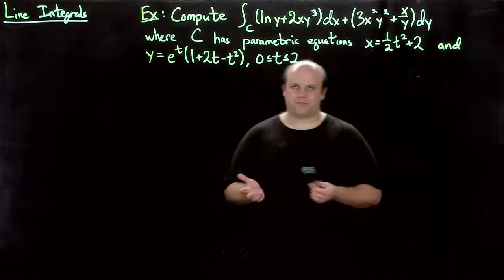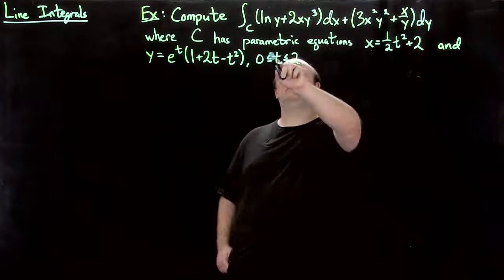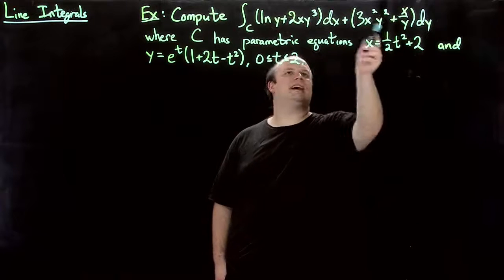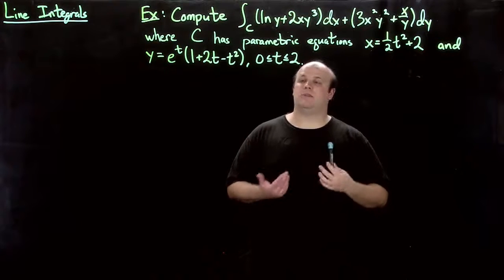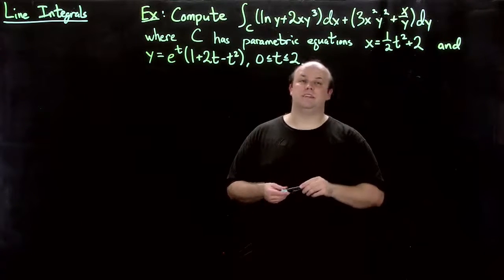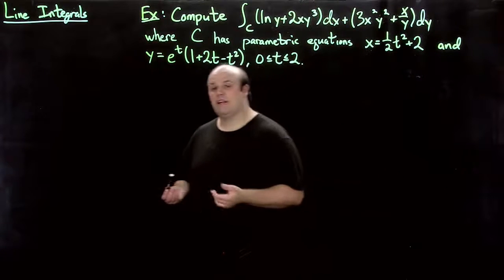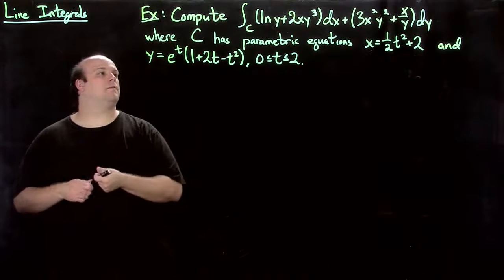Well, let's have a look real quick. If we start plugging in, well, y into here is already a mess, and then x into this stuff. So this is going to already be a mess when we plug in the curve to the integral. So there's maybe a better way to do this. Right? And that better way would be the fundamental theorem of line integrals. Right?